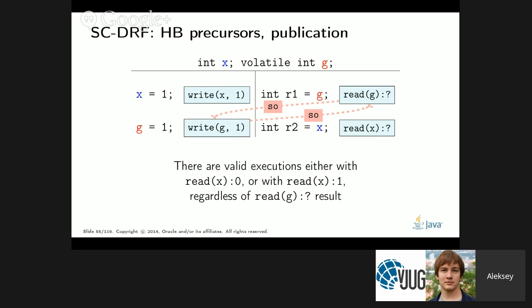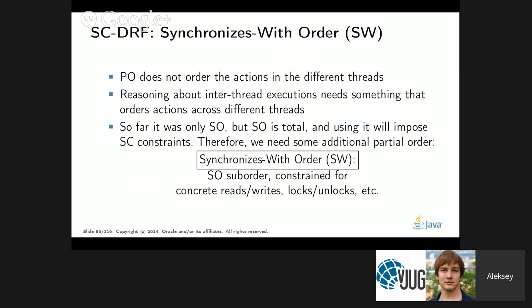So far, program order was only used to enforce a particular suborder for synchronization order. Okay, so we stepped away from that, and now we are considering just synchronization order.